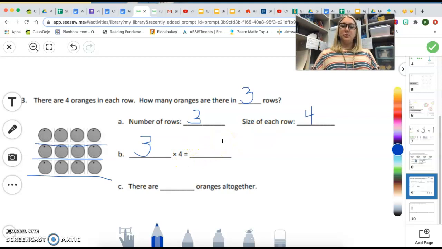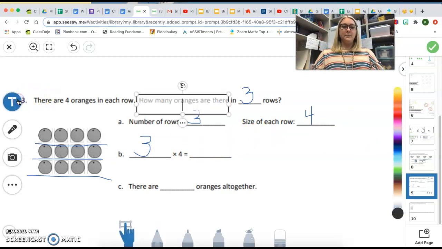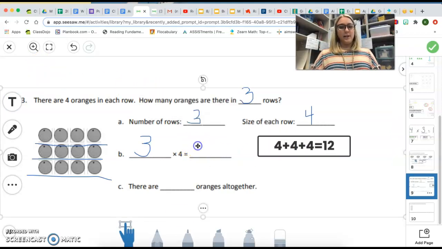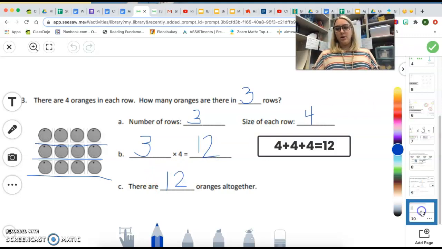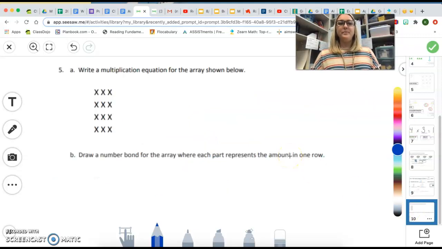So 3 times 4, repeated addition, 4 plus 4 plus 4 is equal to 12. Good job. So our answer right here is going to be 12. There are 12 oranges all together. Okay, let's do one more problem.